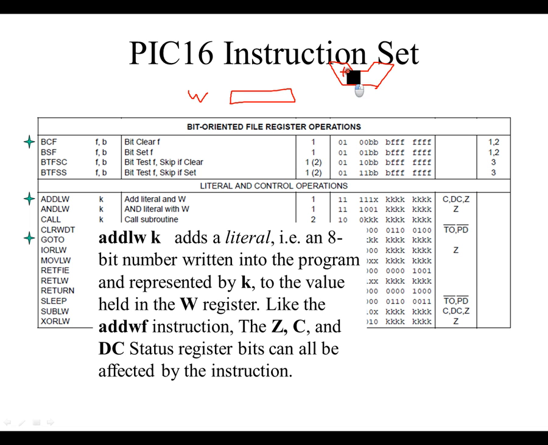The ALU, this is the ALU, would need to get the value of 8, and grab the value in the W register, add literal to W, and then store the result back in the W register. That's the way it works.